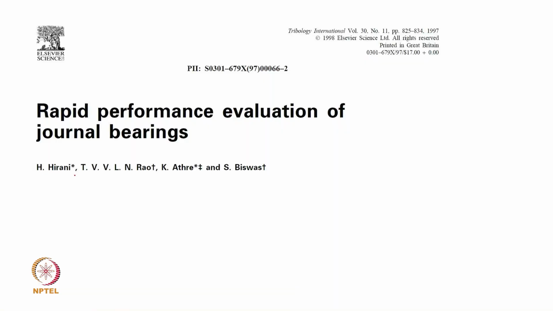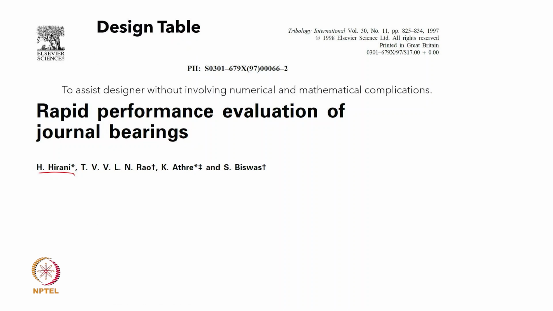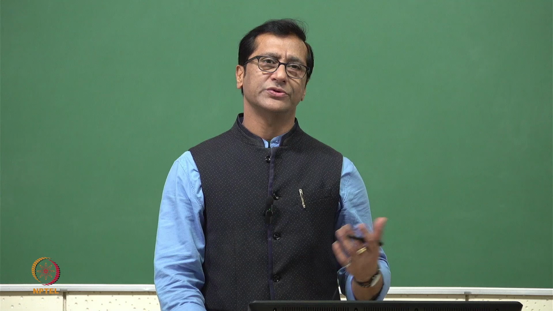One of my research papers was published in 1997. What we did in this case, as you understand, is that there are a lot of design related issues for the hydrodynamic bearing, and many people are incorporating some sort of design charts, and they really require at least 5 to 10 charts to solve the problem.